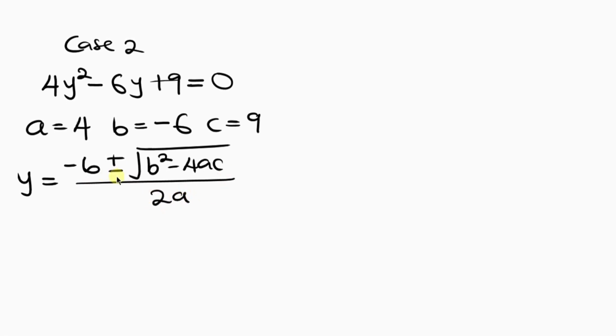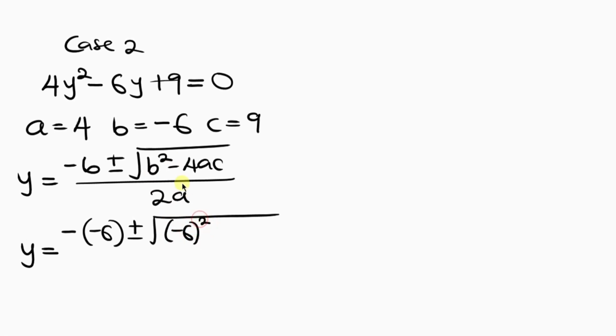Now substituting into our quadratic formula, we have y equal to negative b. So negative b is negative 6, plus or minus the square root of b squared, b is negative 6, and we're going to square that, minus 4 times a times c. What is a? a is 4, times c, c is 9, all over the denominator, 2 times a means 2 times 4.